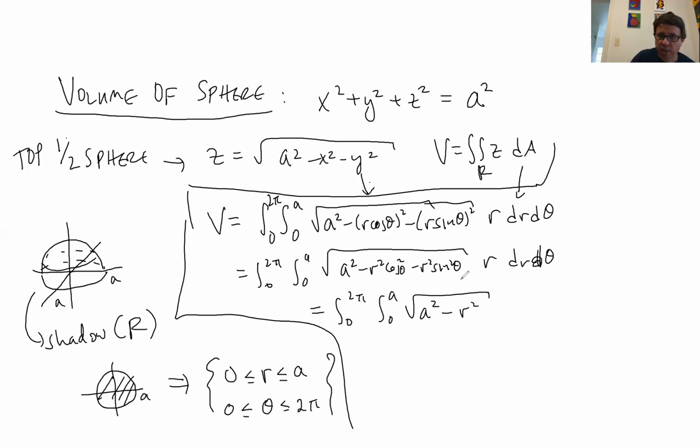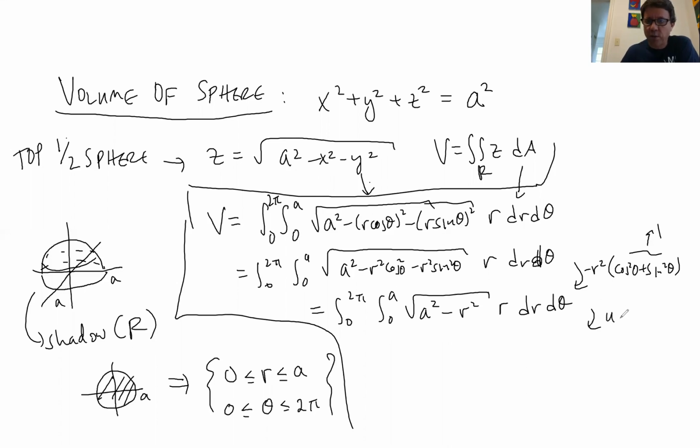Cosine squared plus sine squared, and that is equal to 1. So there's your simplification, just using the fact that we're doing minus r squared times cosine squared plus sine squared, and that part there is 1. So all this mess ends up coming down to just this integral right here.